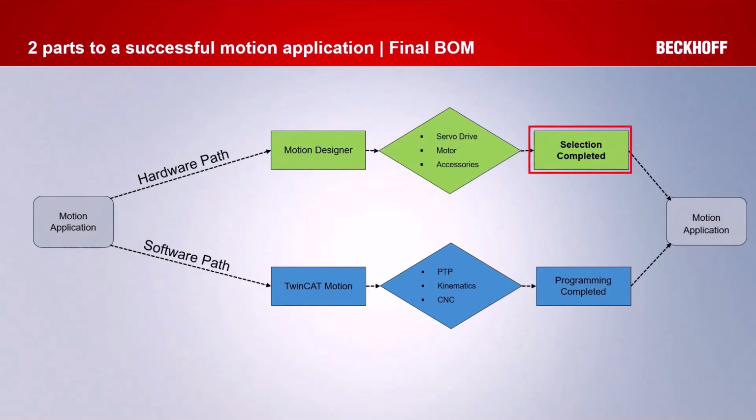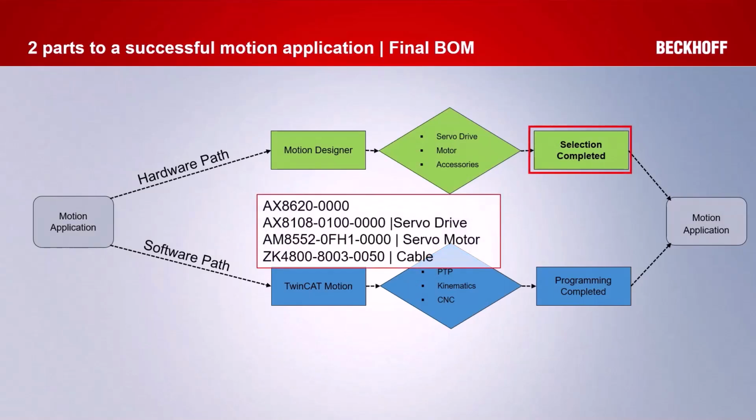And when this selection is completed, what you have is all the components. So you can see the power supply, the axis module, you get the full part number that is meant for the application, whether you needed a brake, high inertia, and the proper cable to select to connect that motor to that drive for the system.